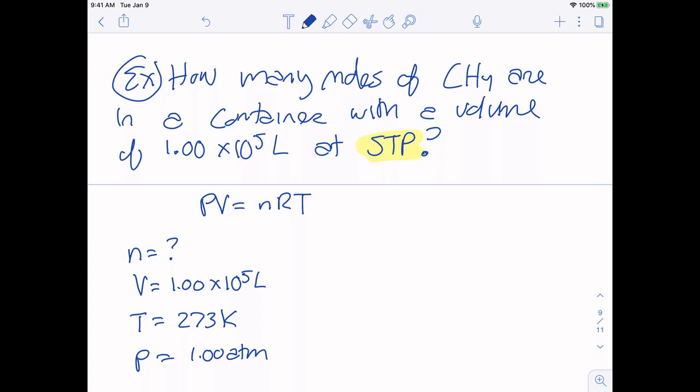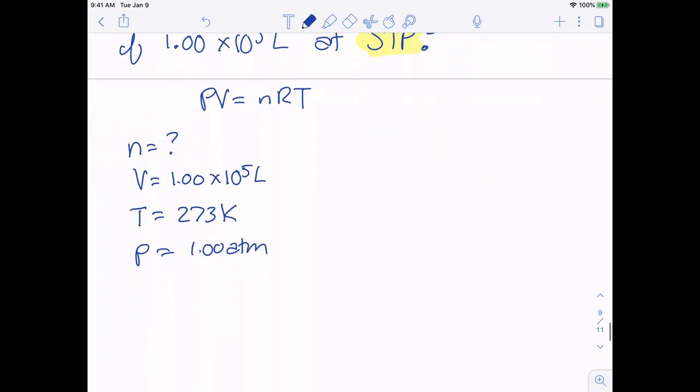That's 0 Celsius, but it does have to be in Kelvin for all of our gas problems. Our gas constant, getting it from the table, just make sure you use the right one for mole Kelvin.